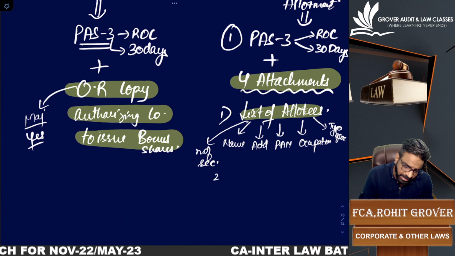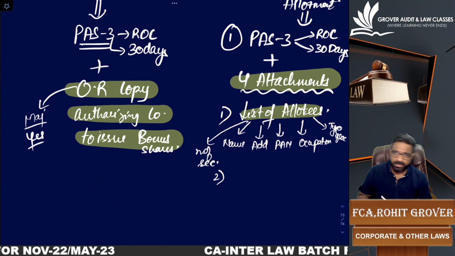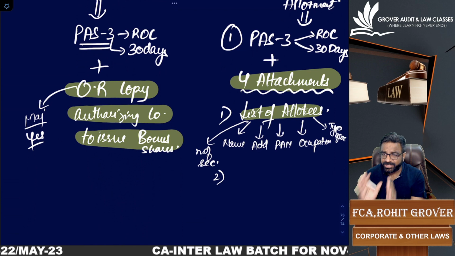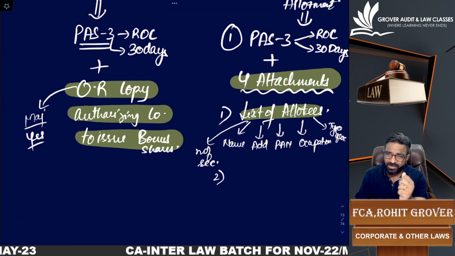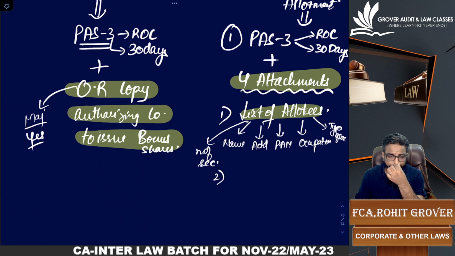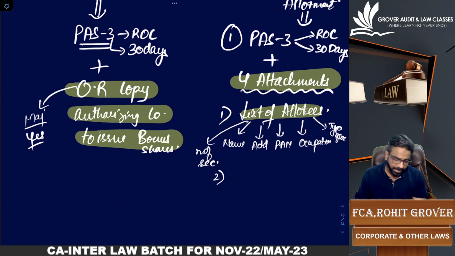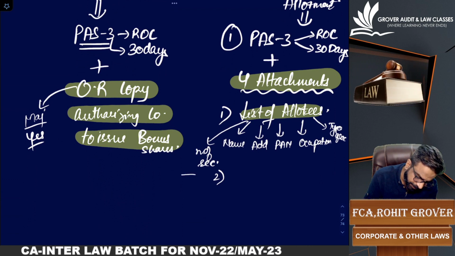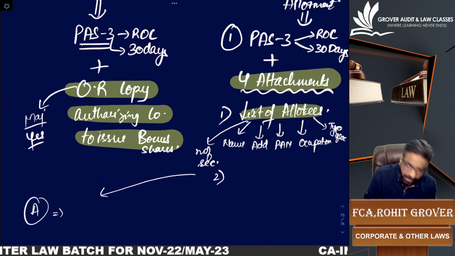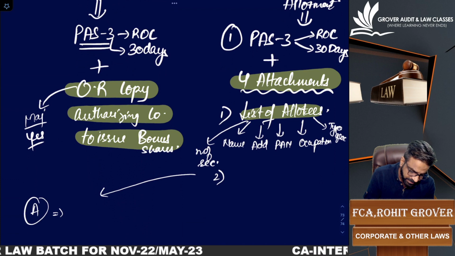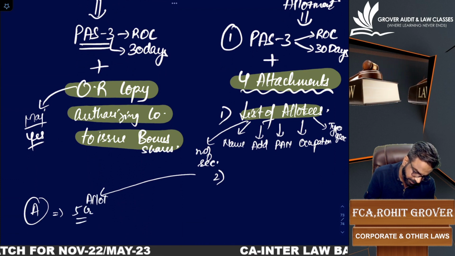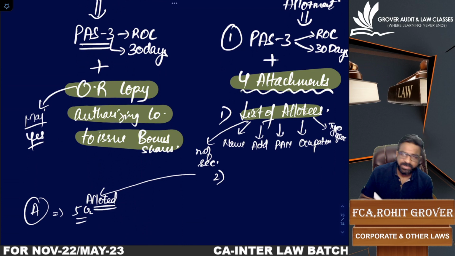Now, is it necessary that shares are always issued for consideration of cash, or sometimes for a consideration other than cash? Let's say for example, Mr. A has been allotted shares worth 5 crore rupees.